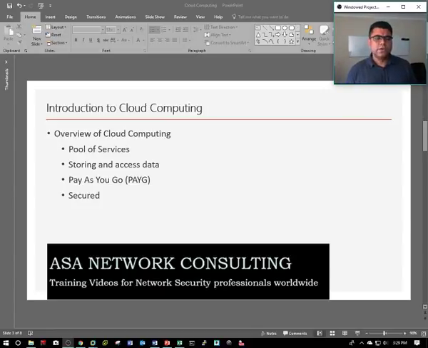Pay as you go. So in the legacy model, when we are managing the infrastructure on our own, what happened? A lot of servers were upgraded, but the old ones were still running in the infrastructure because of the decommissioning process and other risk. So in the cloud solutions, these vendors are offering pay as you go.